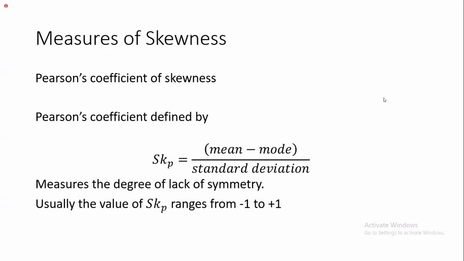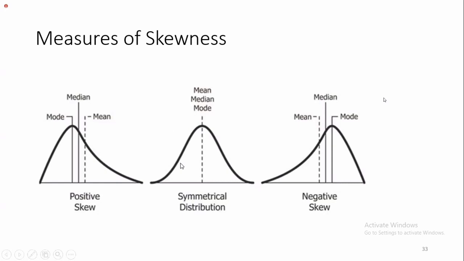This term always measures the degree of lack of symmetry. That means if we have a symmetric distribution, then definitely this coefficient must be 0. If we have a symmetric one, like the middle one, the skewness must be 0, because it is symmetric.